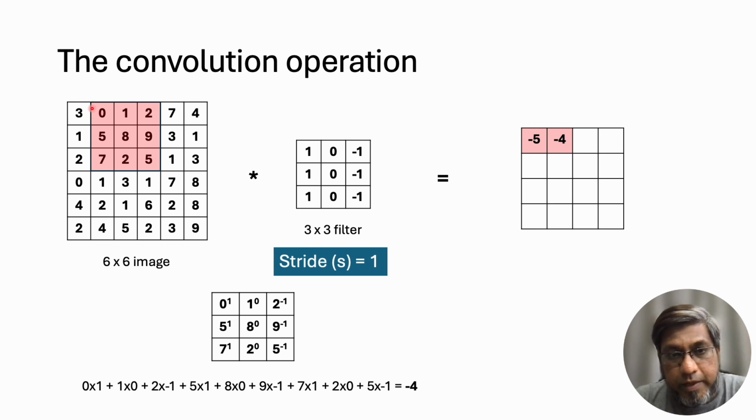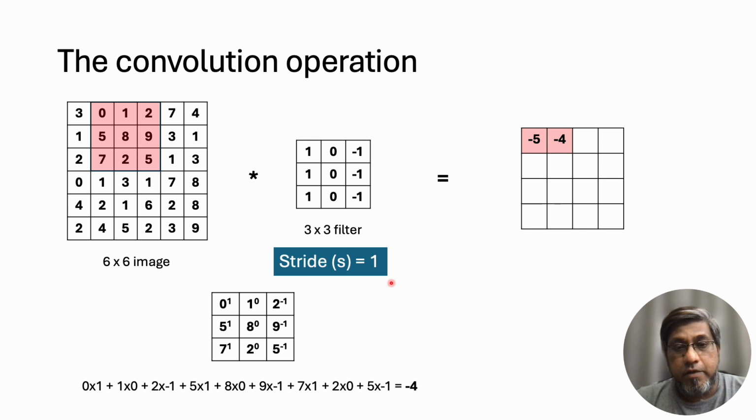We have the pixels within that window, and we multiply them element by element with the elements of the filter and add up those products, and that results in an answer of -4. So we get this -4 as the second pixel value for the output image.